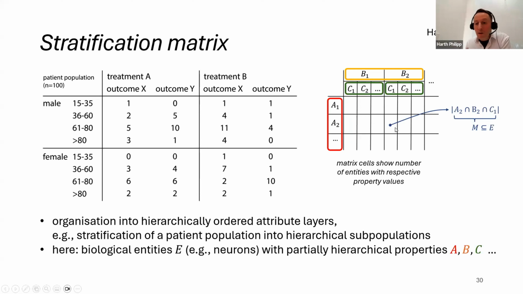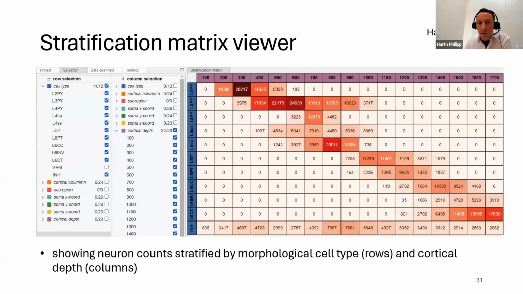And we now wanted to build some flexible interface to visualize such stratification matrices, where you can group a population based on their attributes, which can be freely assigned, also hierarchically, to rows and columns of a matrix. And in our case, these entities that we want to stratify based on their properties are biological entities, namely neurons and synaptic connections.